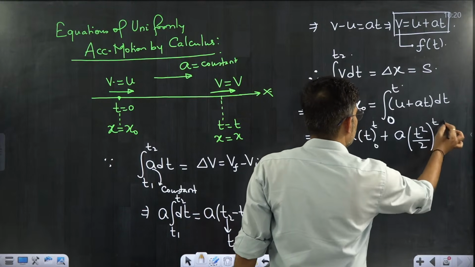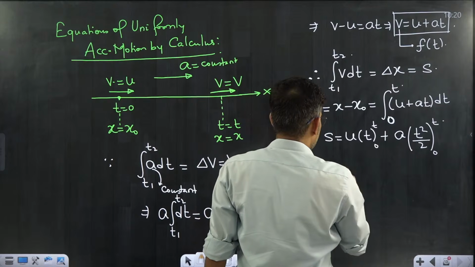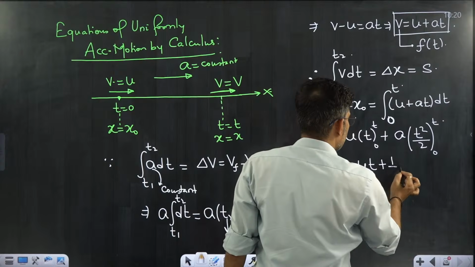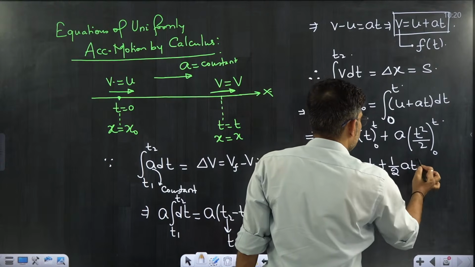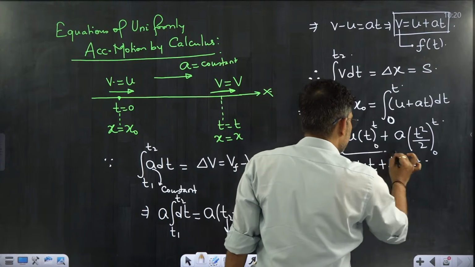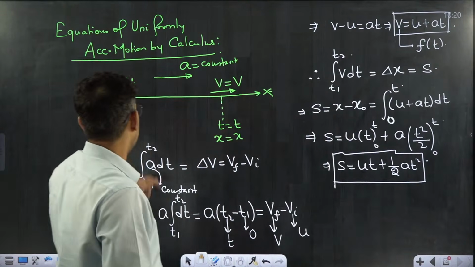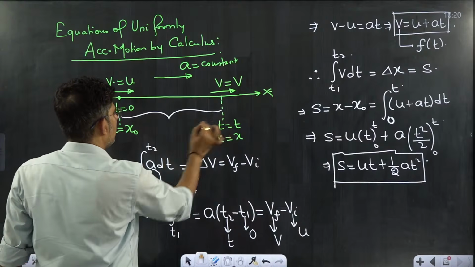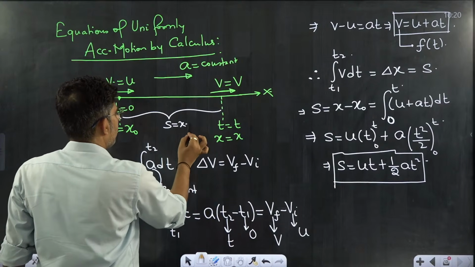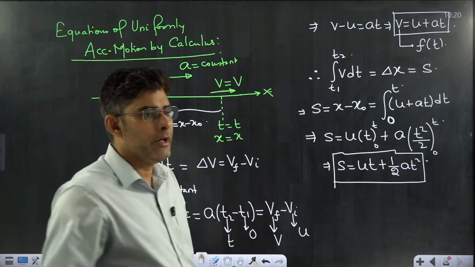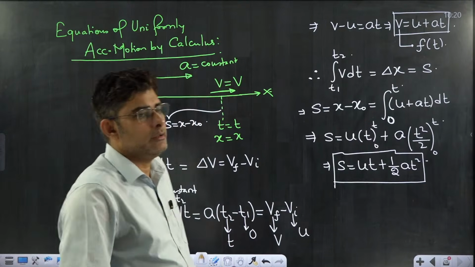So you will get displacement is ut plus half at square, and it is actually change in position. Displacement is change in position. So x minus x naught, this value is what is called the displacement. So wherever you were at, you find displacement.